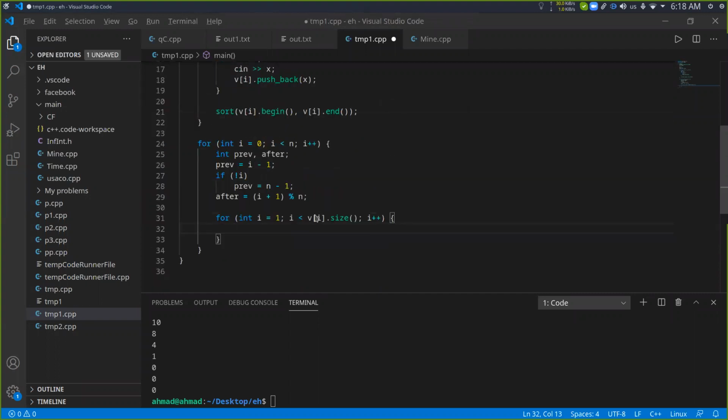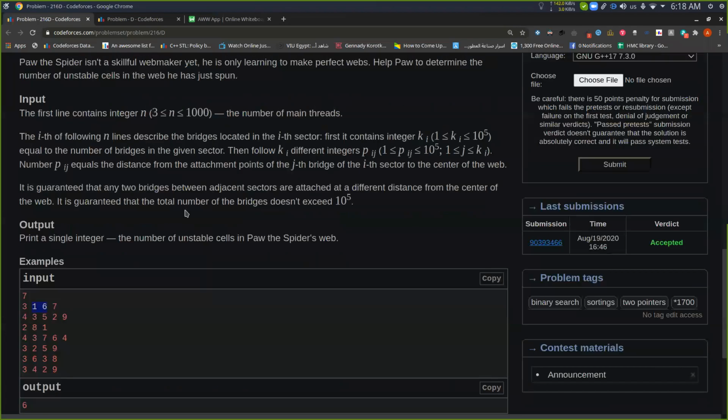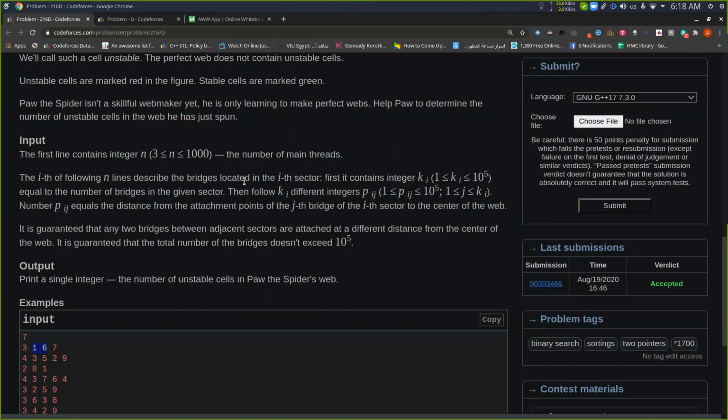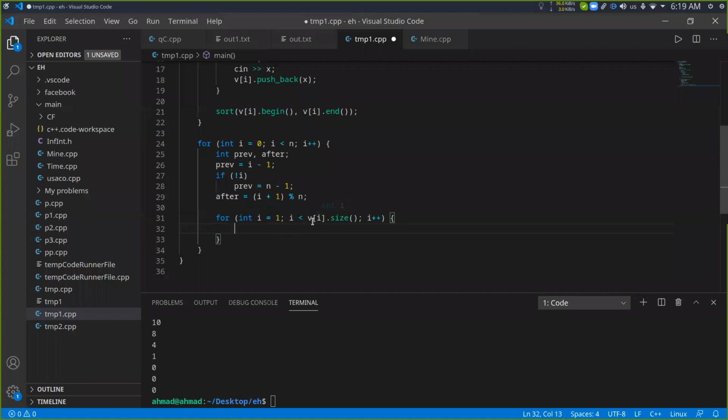Now we want to know how to check for the number of bridges exactly between v of i of j and v of i of j minus 1, right? This cannot be i, it should be j. So this is the current cell, and we want to check the number of bridges between these bridges in previous and in after.